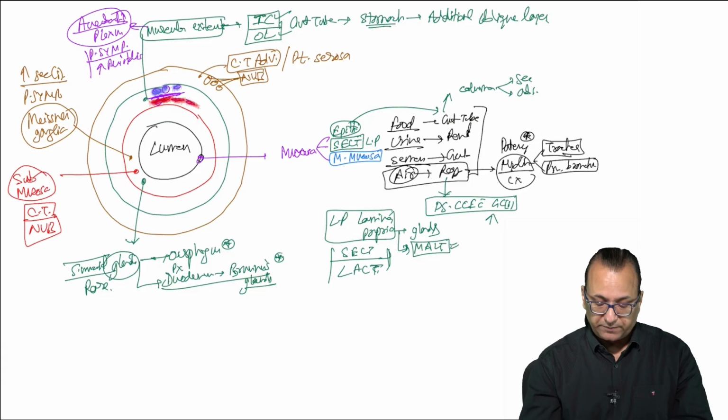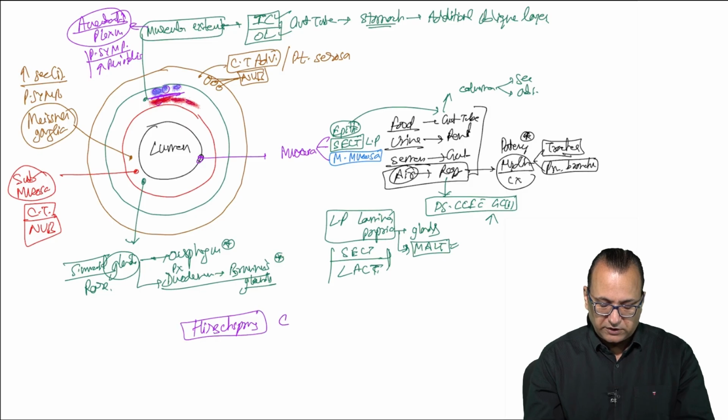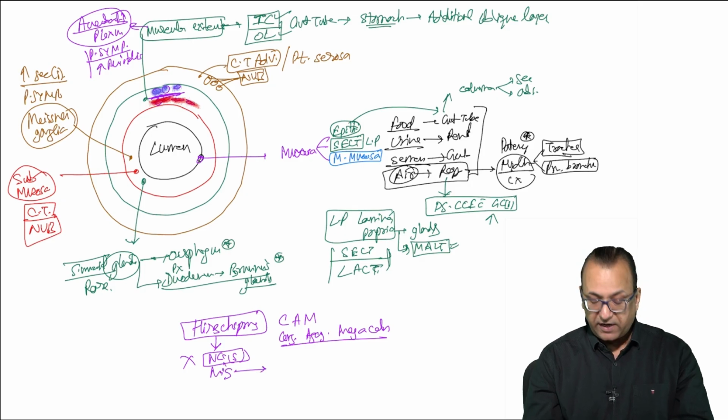Now, there is a condition which is called Hirschsprung disease. In Hirschsprung disease, there is congenital aganglionic megacolon. Now, why do you have congenital aganglionic megacolon? Because it is a problem of neural crest cell migration. Neural crest cells did not migrate properly. They did not reach the distal intestine, distal colon, and in the distal colon you will find, when you take a biopsy also, there are no ganglia.